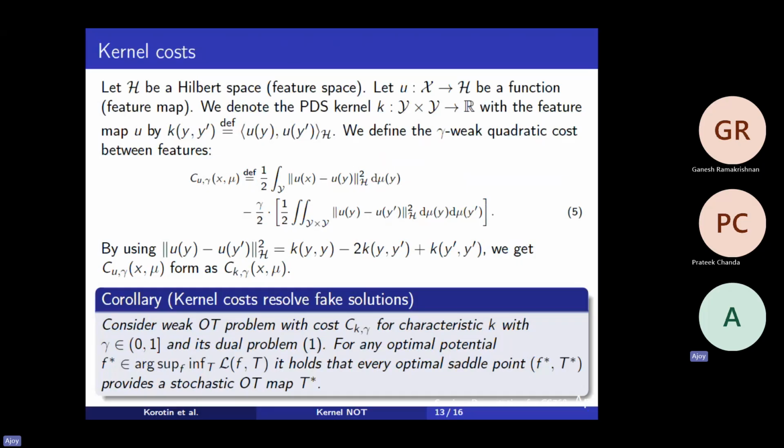So now, earlier it was the quadratic cost C u y, and they form it as C k gamma, and these are just parameters. So it's similar to maximum mean discrepancy in our cases.